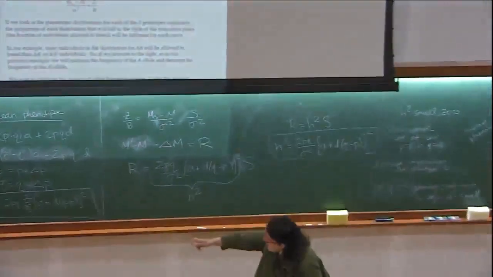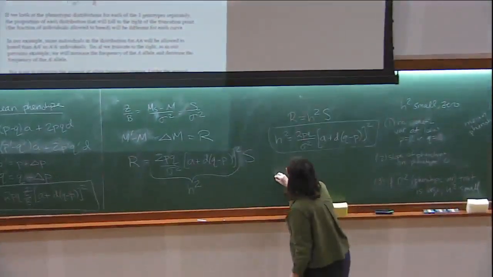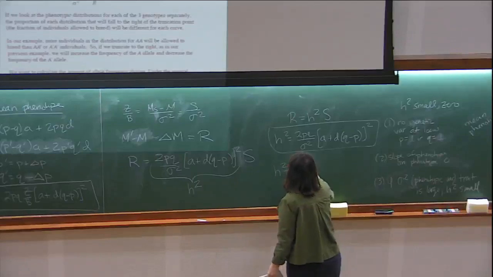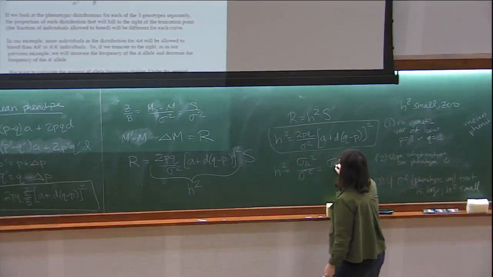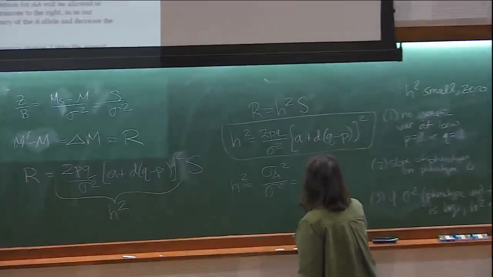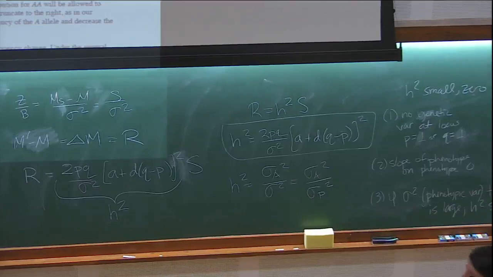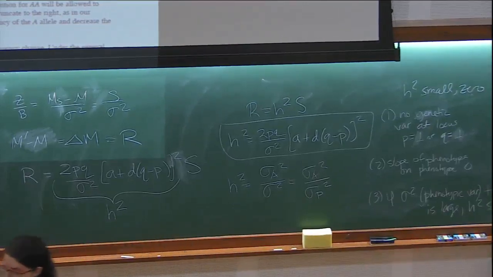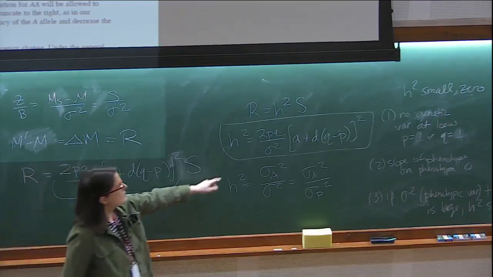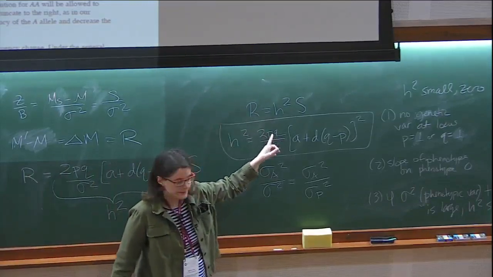And now looking at that, I can rewrite my heritability this way, where I'm just putting a P here to remind me that that's my phenotypic variance. So we can take the genetic variance and decompose it into two parts. And it's only this part, the additive genetic variance, that determines the response to selection.